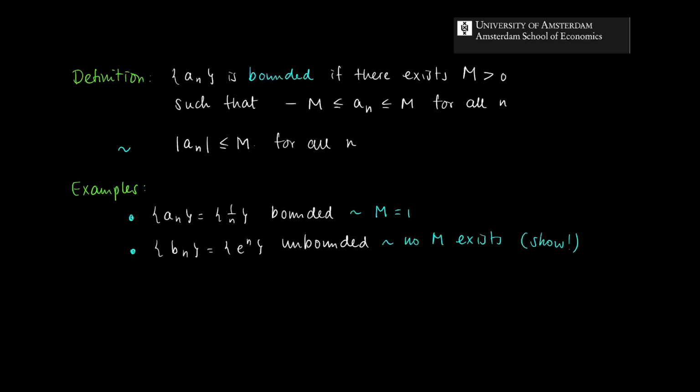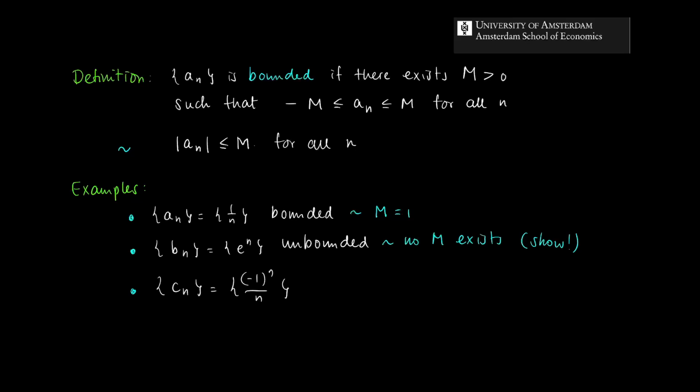Now the other sequence we had was this alternating sequence, c_n equals (-1)^n divided by n. Give it a thought. It is converging, but it's not monotonic, but it is bounded.